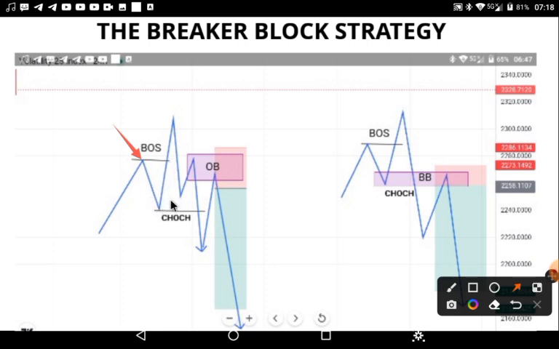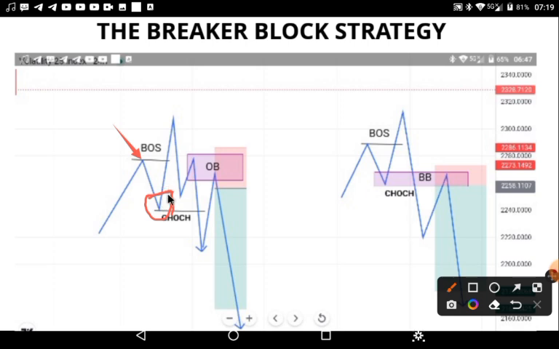And usually when that happens, price tends to leave a bearish candle here. Remember, this is a bullish move. So most of the times, price tends to leave a bearish candle here, which is in the opposite direction. Other candles will be printing green if you are using green color, showing you a bullish move.